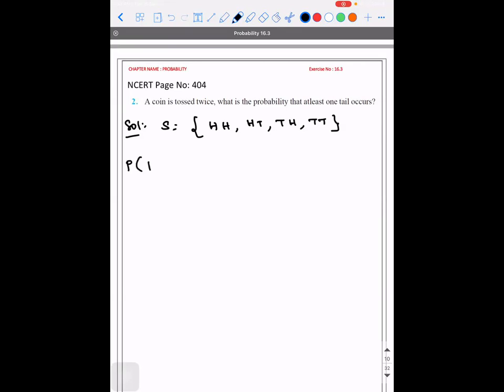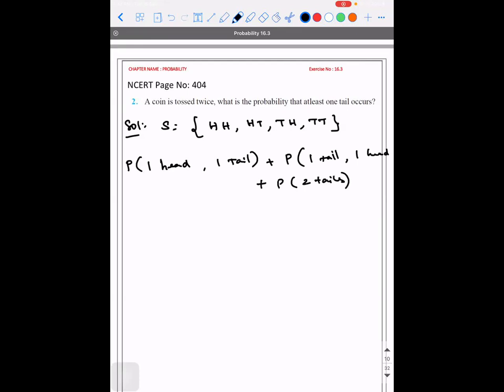So probability of getting one head, one tail, plus probability of getting one tail, one head. Here the order is important. Plus probability of getting two tails. Right?